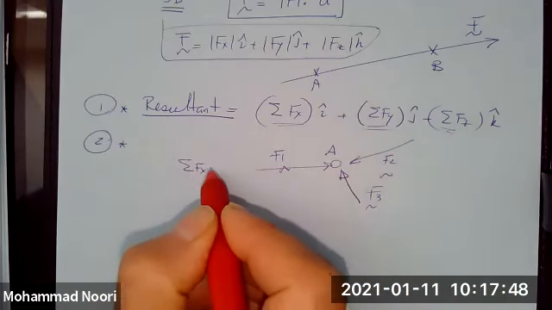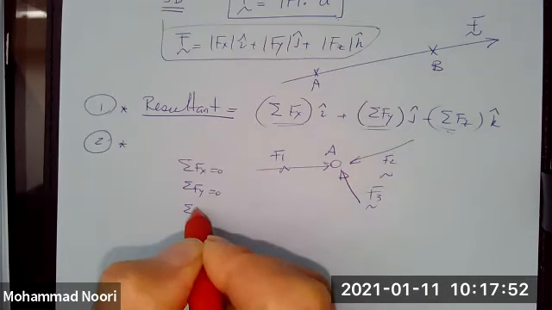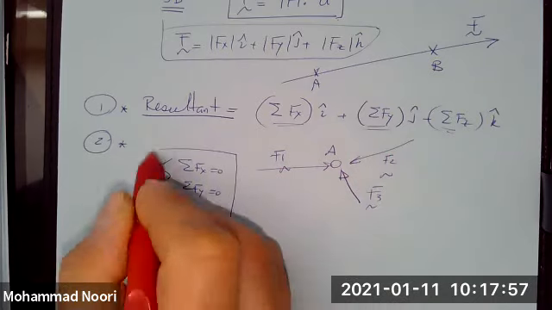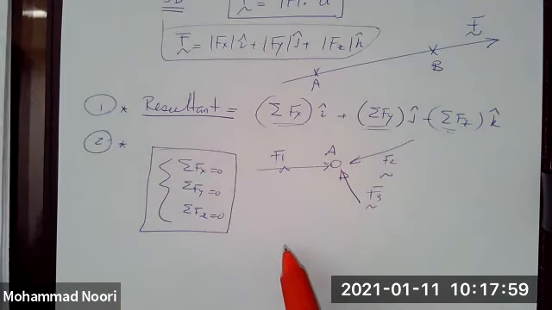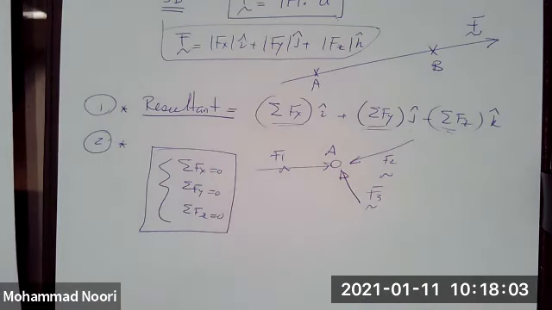So we ended up with 3 equations and 3 unknowns that allow us to solve for up to 3 unknown forces.